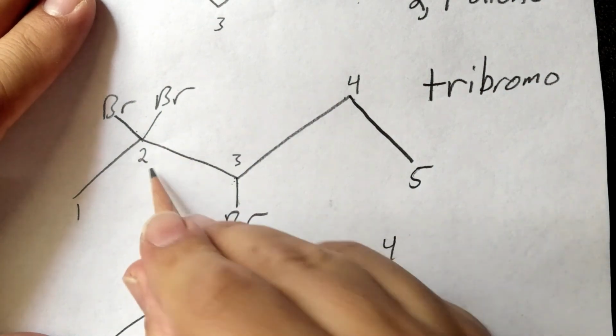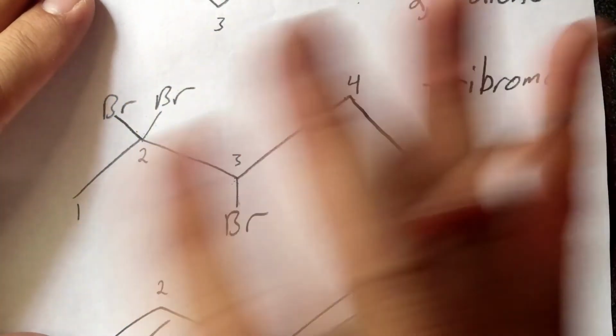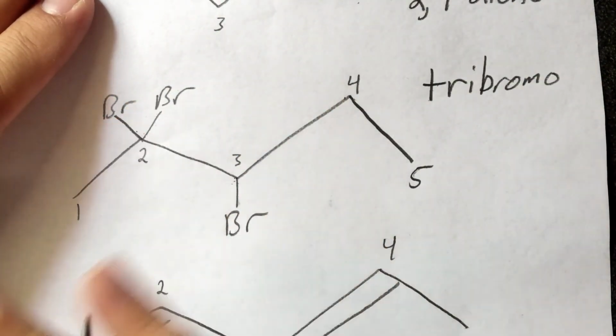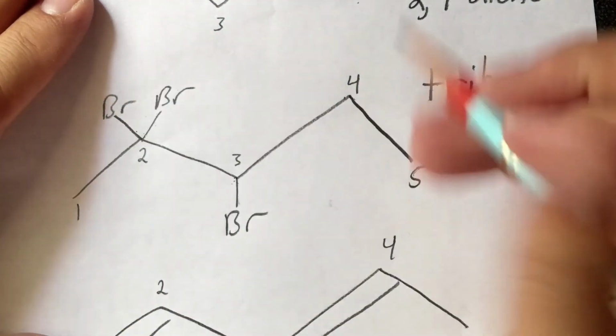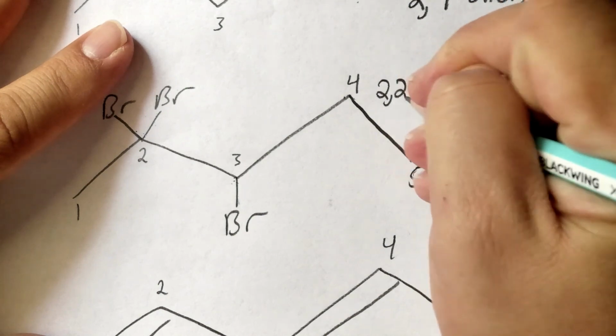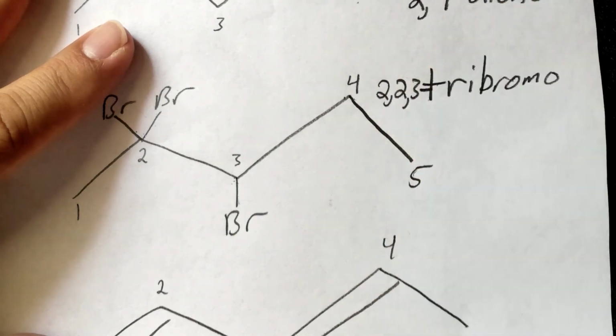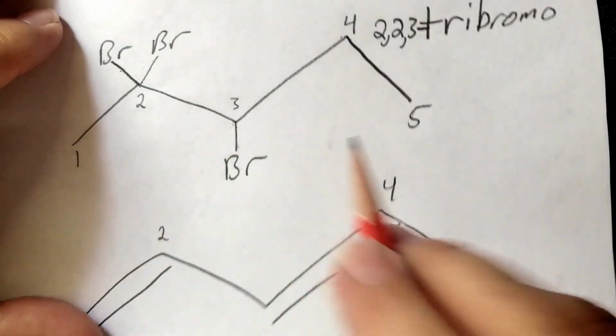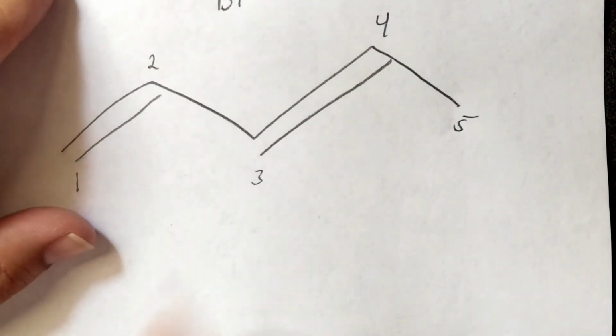And then the locants here, you always have to give every locant for each one of the entities, substituents. So since there's 3 of them, you need 3 locants, and it would be 2,2,3-tribromo. Pentane, to be exact, because there's 5 carbons.